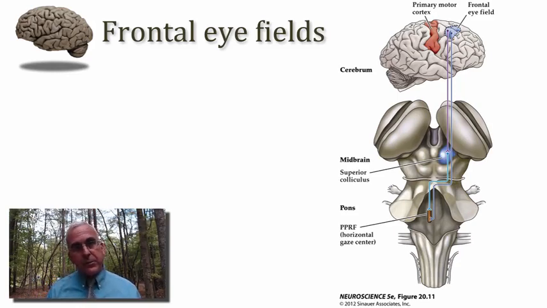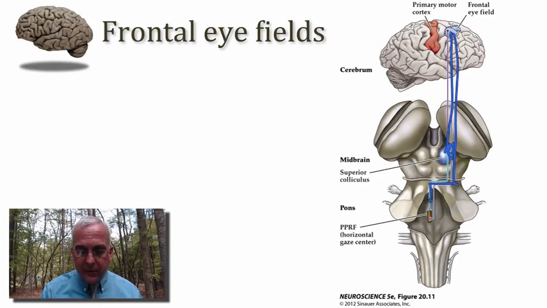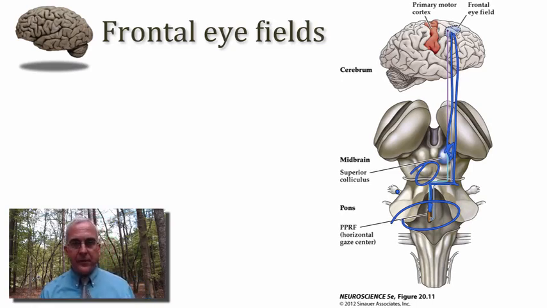And the execution of the plan involves descending projections from the frontal eye fields to the ipsilateral superior colliculus and to the contralateral gaze centers of the reticular formation. The paramedian pontine reticular formation in the pons for horizontal movement, and a vertical gaze center in the midbrain or the mesencephalon for making vertical eye movements.